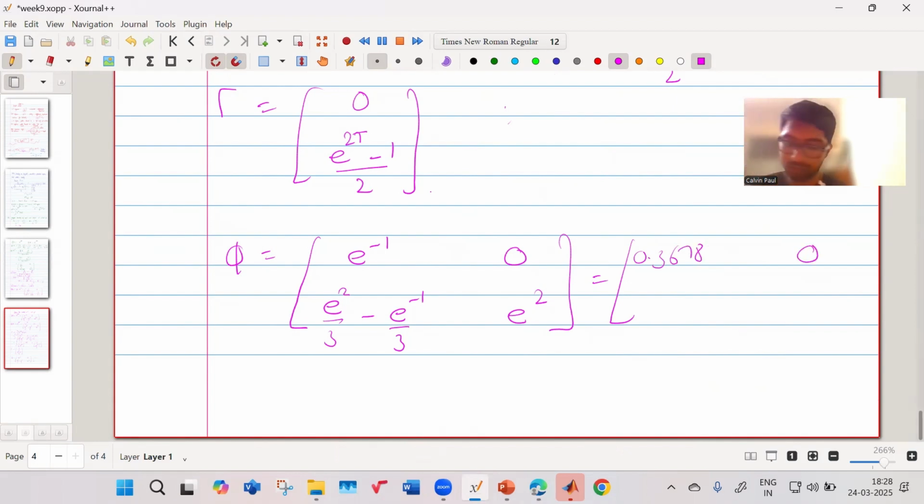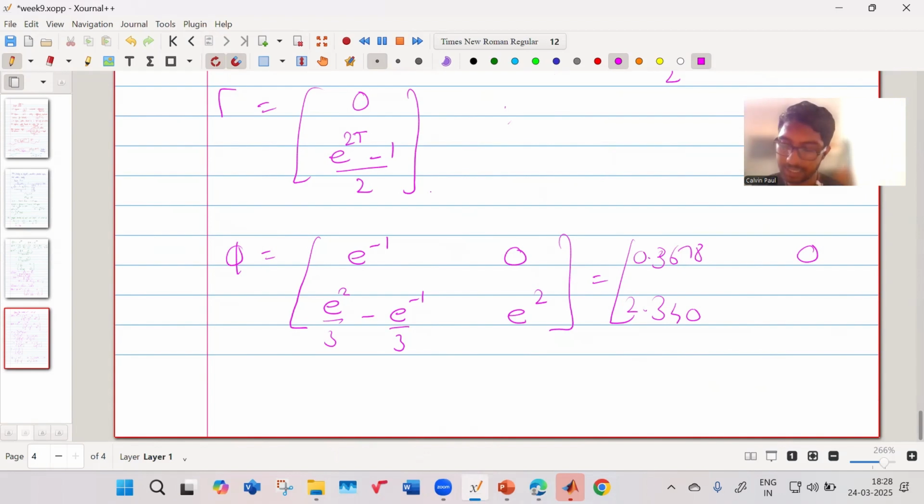This is 0. Then e squared minus e raised to minus 1 is 7.021176 divided by 3, so that becomes 2.340.